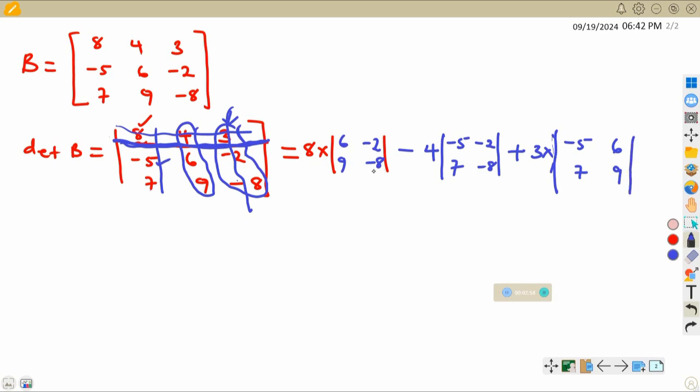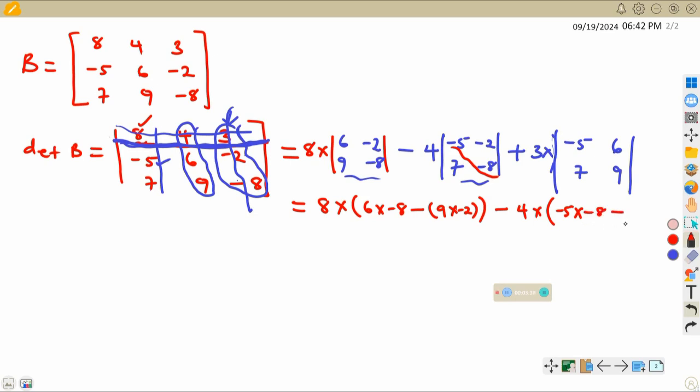So try to simplify this. You know how to deal with the determinant of a 2 by 2 matrix. So we shall now have 8 times, get 6 times negative 8, subtract 9 times negative 2. Then minus 4 times, get negative 5, multiply by negative 8.